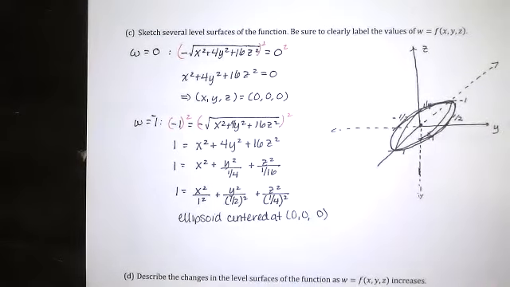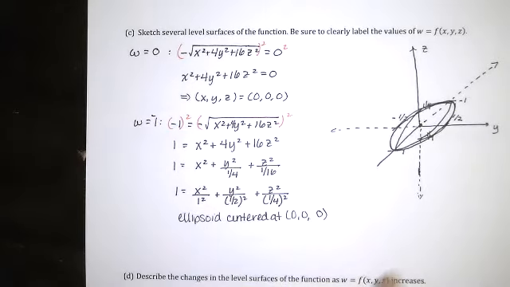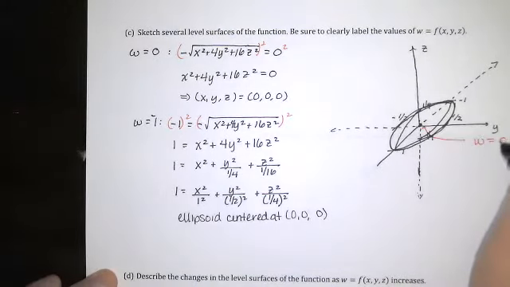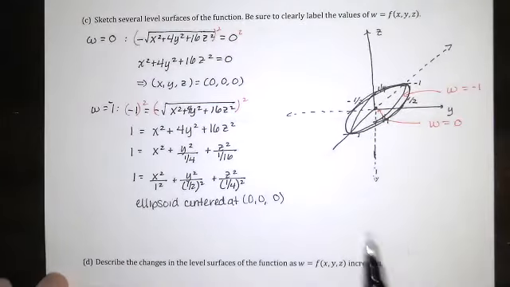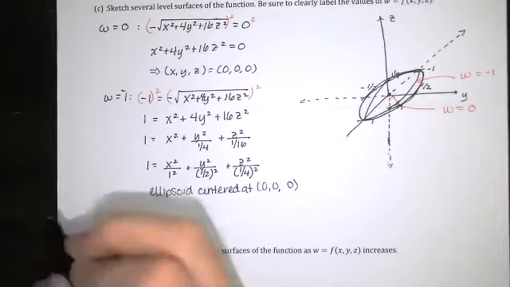That's when you just draw an arrow and say ellipsoid. That's fine, it's good enough. Okay, so we've got W equals -1, then we get this. So it's W equals 0 right here. And then this is W equals -1. So if W is increasing, I would go from -1 to 0, and then I would stop. Okay, well, let's see what we get when W equals -2.